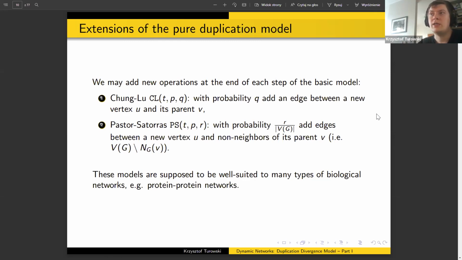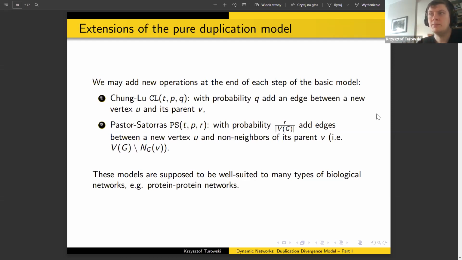So not only is the new vertex not connected to some neighbors of its parent, but it can also be connected to some non-neighbors of its parent. And as you can suppose, on average, around R additional edges appear at each step due to this modification.